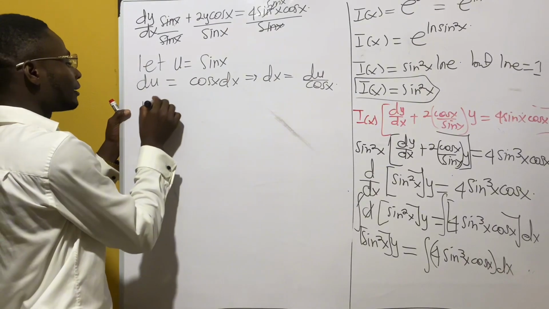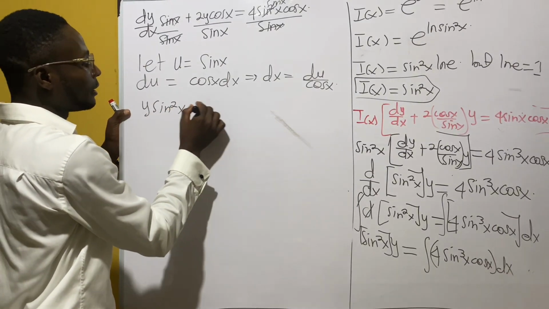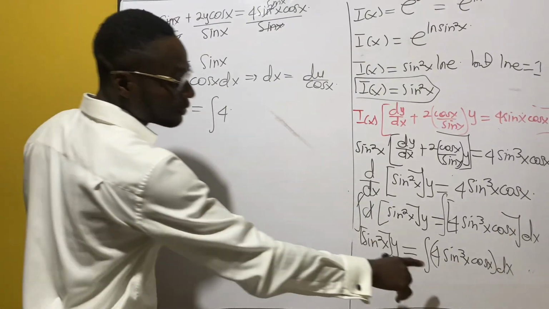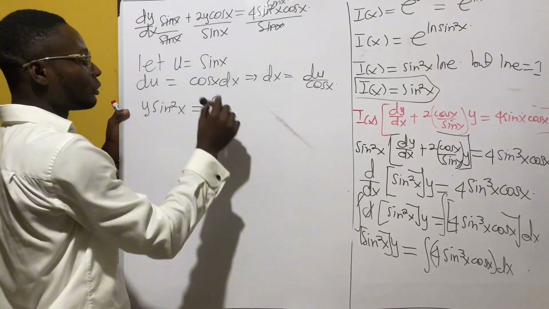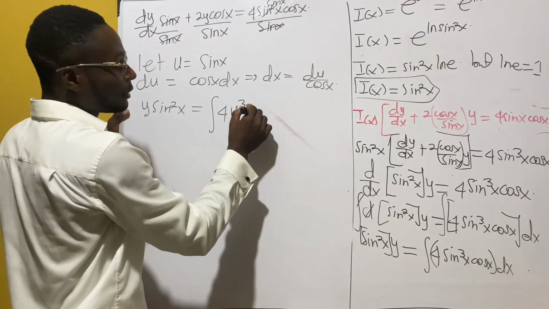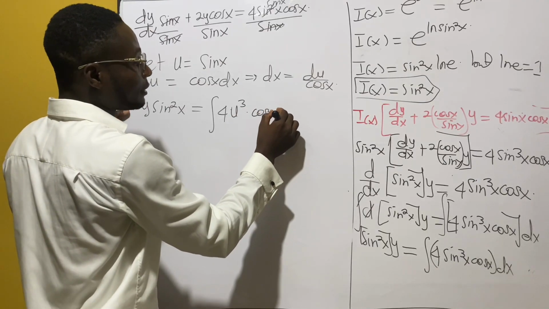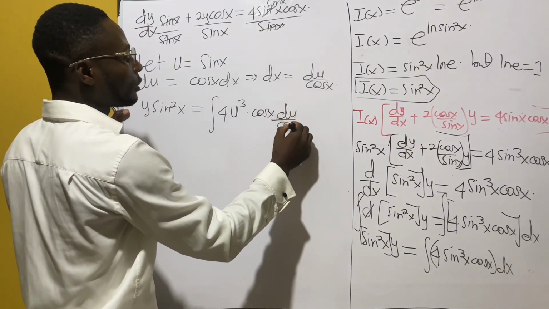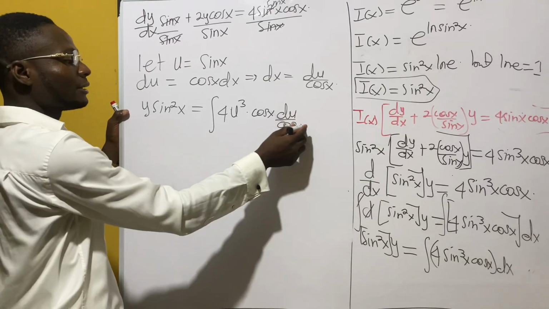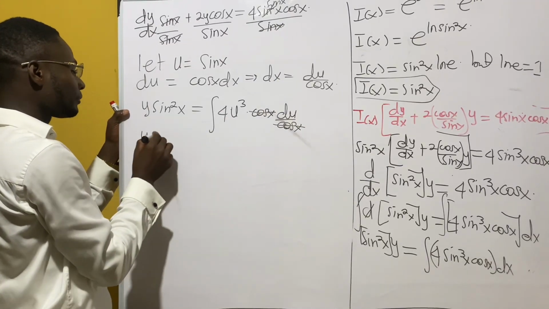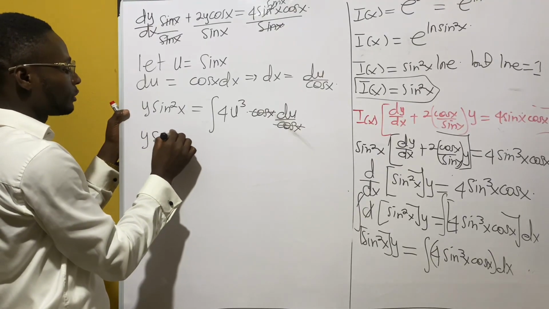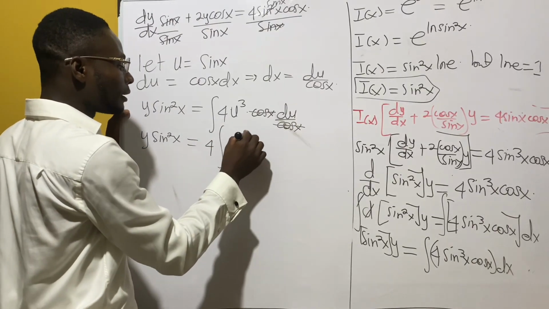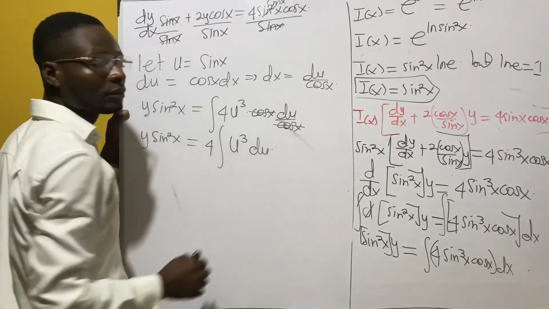So we have y sine squared x is equal to the integral of 4 times, now sine x is what? u. So we have u power 3 times cos x, and our dx now is du over cos x, right? So this takes off this, and then we have y sine squared x is equal to 4 times the integral of u power 3 du, right?